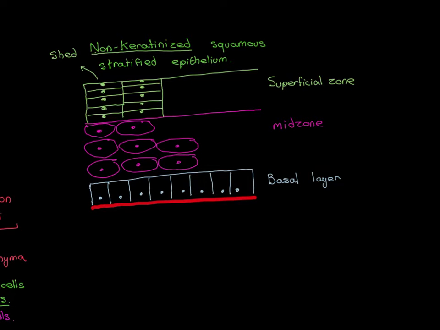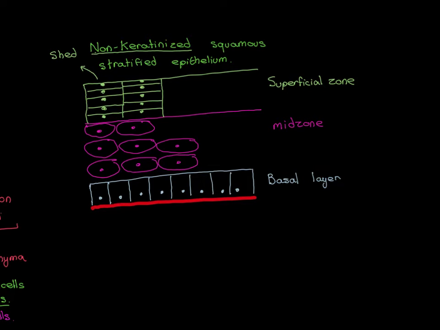A lot of the genital mucosas are lined by this as well. So in the female, the vagina and the vulval mucosa, and also the ectocervix are lined by non-keratinized squamous stratified epithelium. In the male, the preputial mucosa that lines the inside of the foreskin is a non-keratinized squamous stratified epithelium, and in both male and female, the urethral lining is a non-keratinized squamous stratified epithelium.